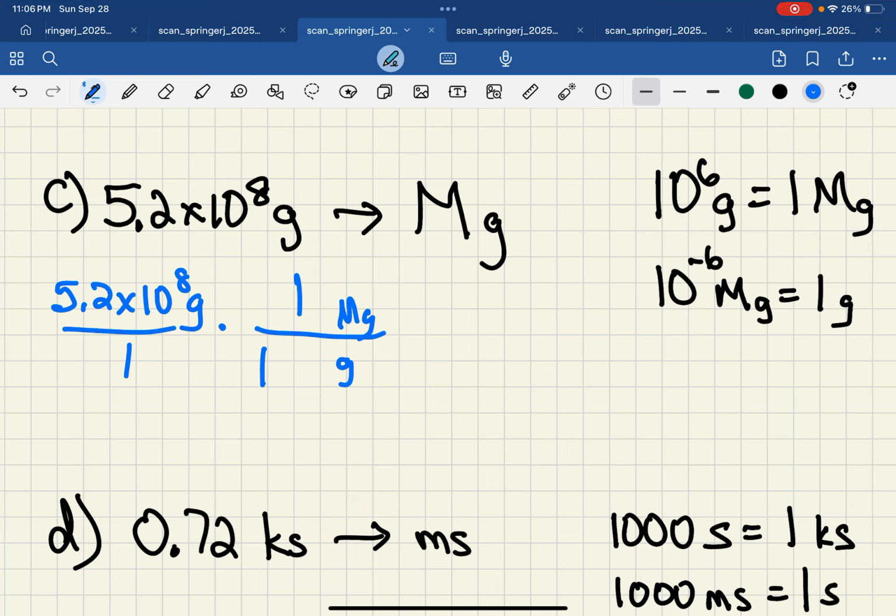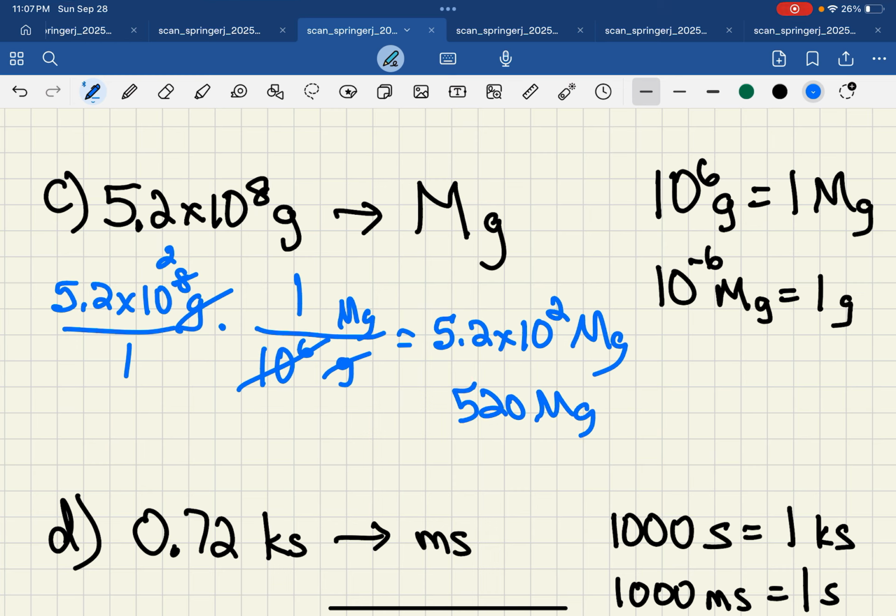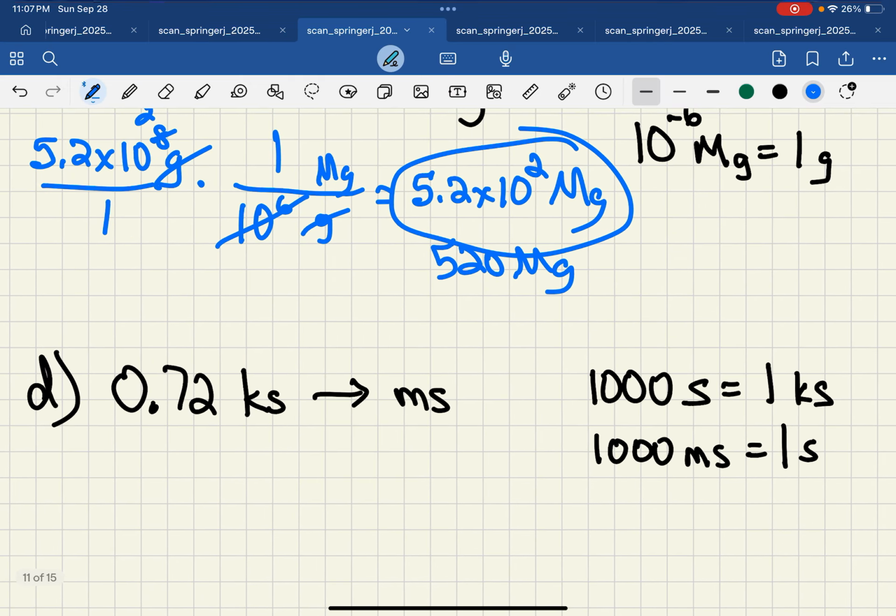Again, I like positive exponents, so I'm going to do it that way. When you divide, remember, you subtract exponents. So the 10 to the 6th will cancel and leave 10 to the 2nd up there at the top. The grams, of course, are canceling. So it's just 5.2 times 10 to the 2nd megagrams. If you prefer 520 megagrams, but I prefer that. But I wouldn't count the other wrong.